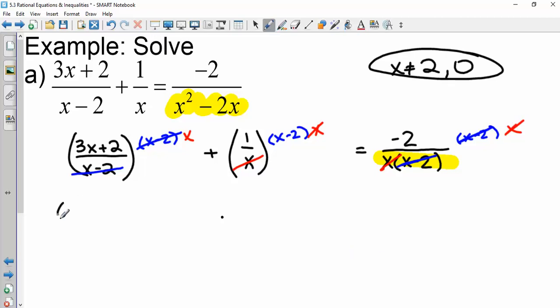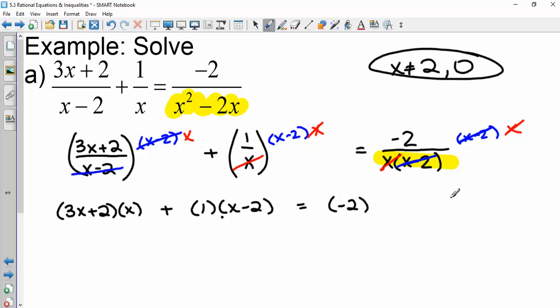So I'm left with, in the first one, 3x plus 2 times x. Second fraction I have 1 times the x minus 2. Last one we have negative 2 times nothing.